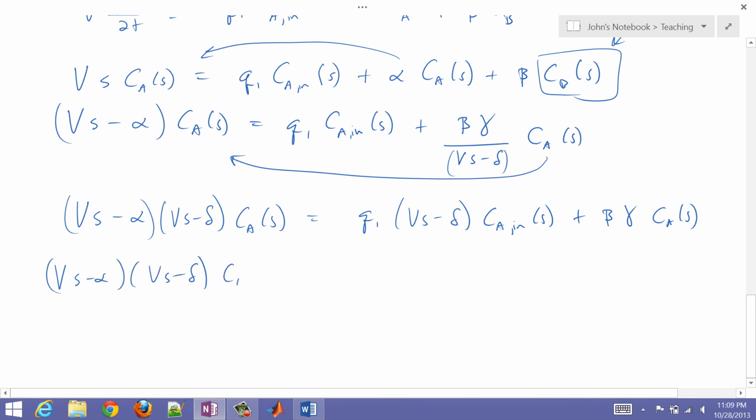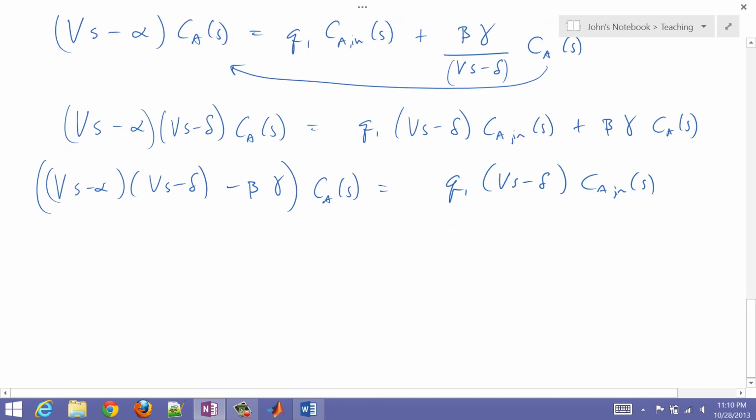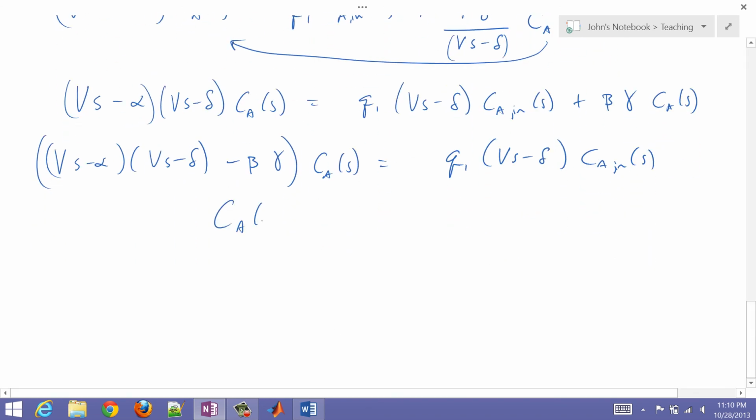Minus delta CA of S, and subtract that over, minus beta gamma times CA of S equals Q1 VS minus delta CA in of S. Then divide through.